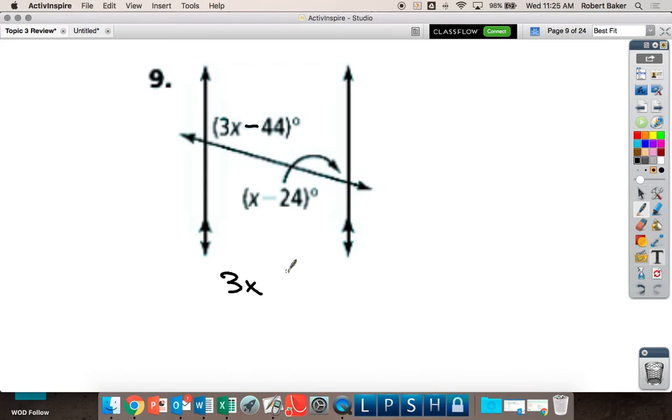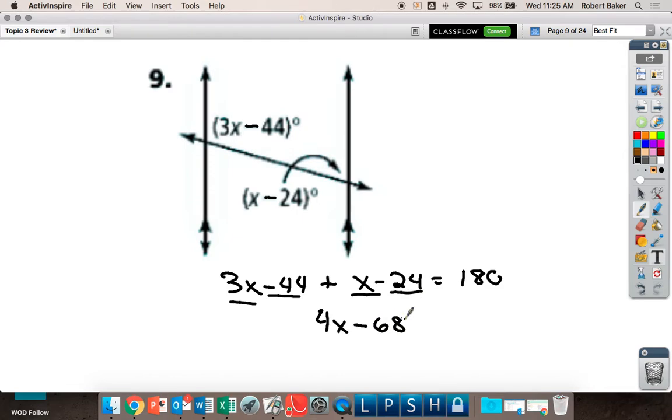Okay, so 3x minus 44 plus x minus 24 should all be equivalent to 180. Combine like terms, 4x minus 68. Negative 44 minus 24 would be negative 68 equals 180.